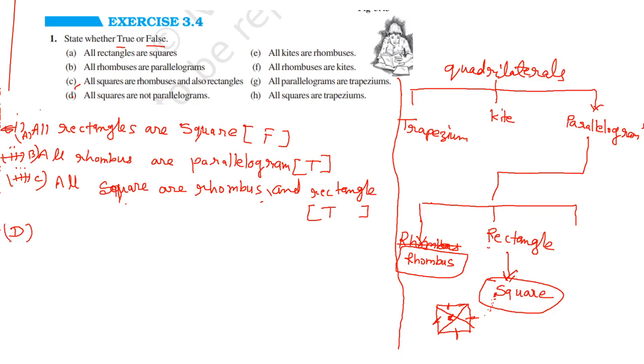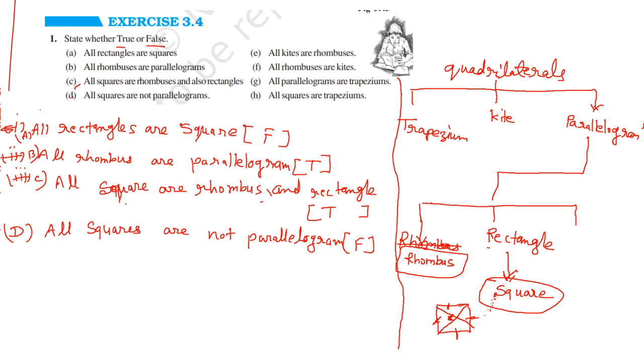D. All squares are not parallelograms. This statement is false because we know that special parallelograms are rectangles and special rectangles are squares.